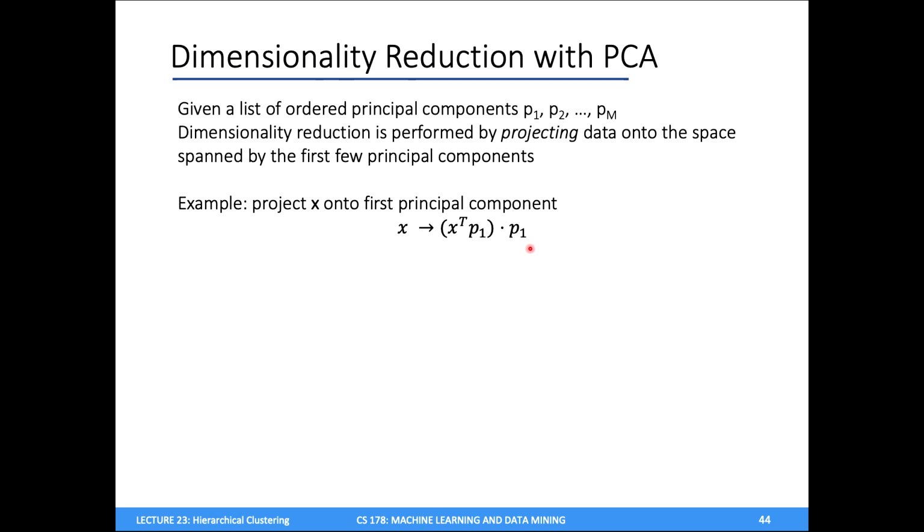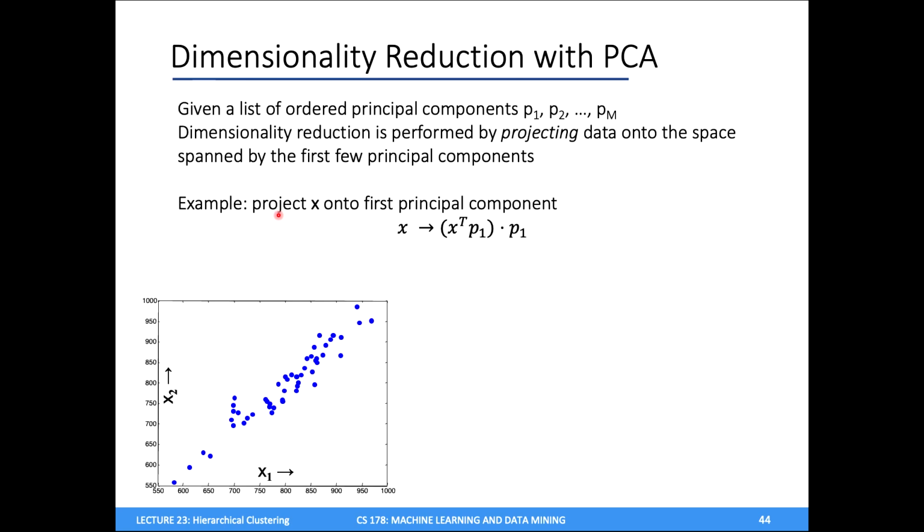So on the right-hand side of this equation, I have a vector that is in the direction of p sub 1, because I'm just multiplying p sub 1 times some number, where this number tells me how similar x is to this first principal component, or how much x varies along this direction p sub 1. So what I've done is taken my vector x and projected it so that it goes along this direction p sub 1.